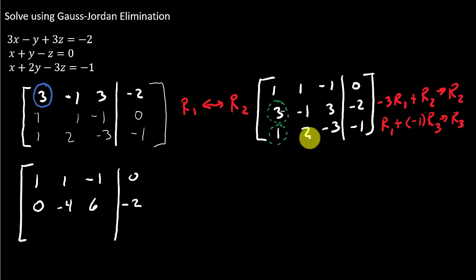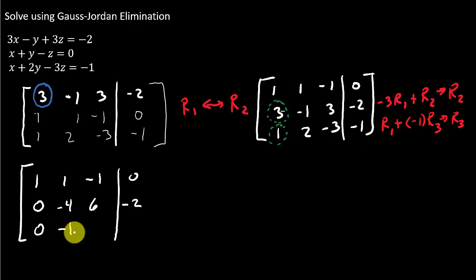Now let's do row 3. So I've got 1 plus -1 times row 3. So -1 times 1 is -1, so 1 plus -1 is 0. And then I've got 1 plus -1 times 2 is -2, so 1 plus -2 is -1.